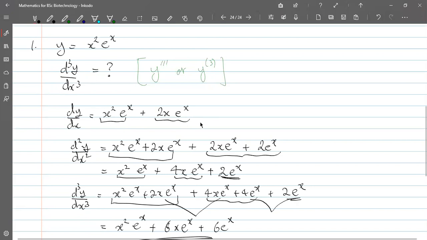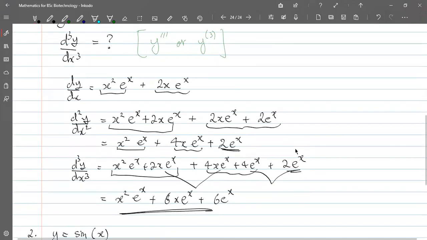Well, you have two terms here. Each term is a product. So you will apply product rule to obtain x square e to the x plus 2x e to the power x. Then differentiating this, you get 2x e to the power x, differentiating e power x, plus differentiating 2x, you get 2 e power x.